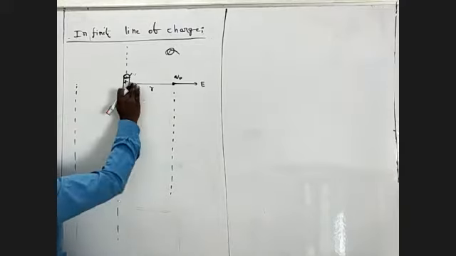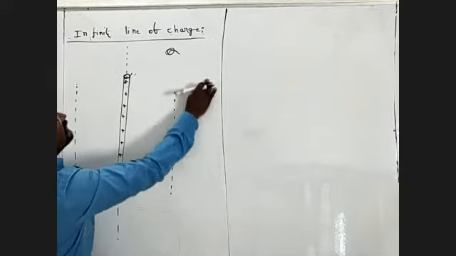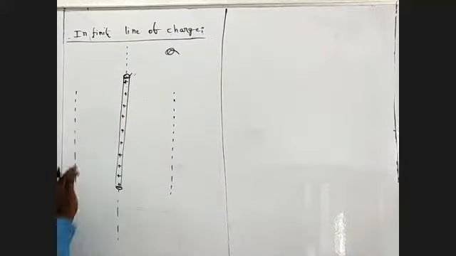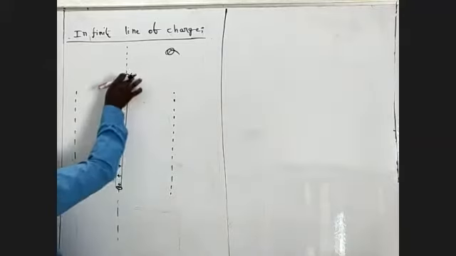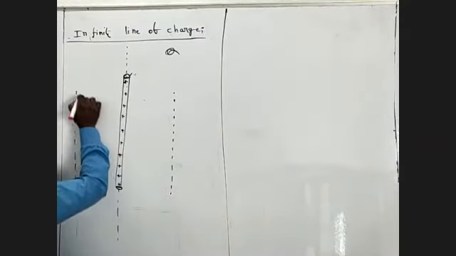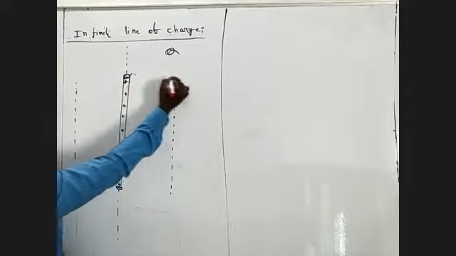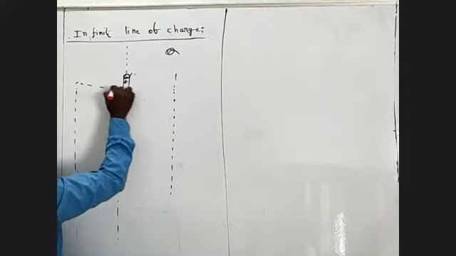Now we will see. First I'm going to consider the Gaussian surface. What is the shape of this wire? Cylindrical. So we get the shape also cylindrical.